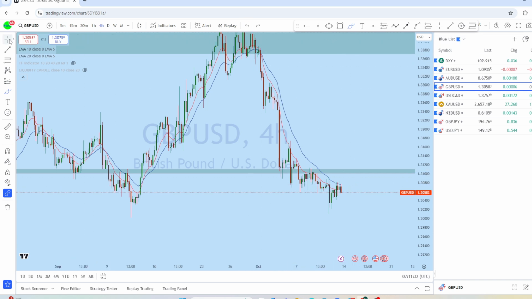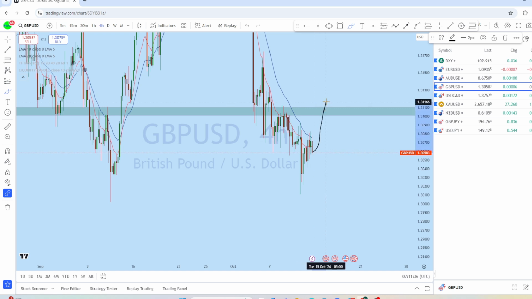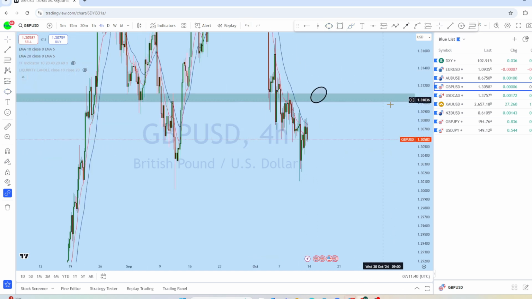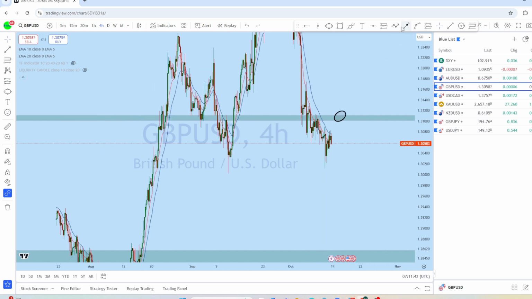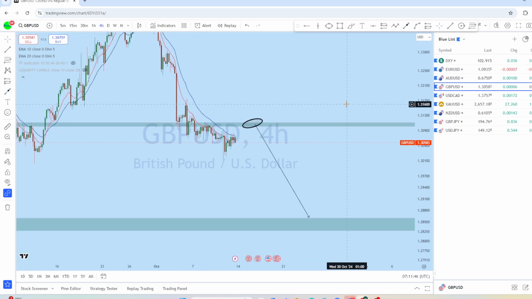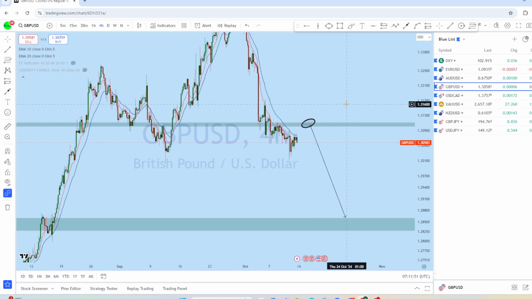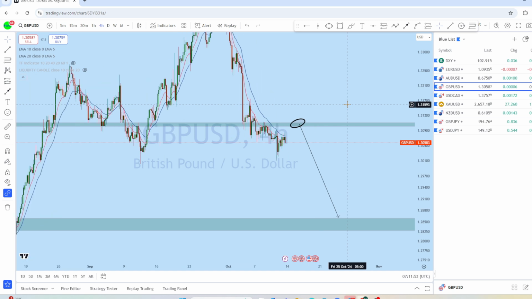Therefore, what we can expect on British pound US dollar is for this market to revert back to the upside for a deeper pullback and then to drop back down to create a new lower low. So this is what we can expect on British pound US dollar: for the market to retest and then to drop back down in the major direction of the trend.